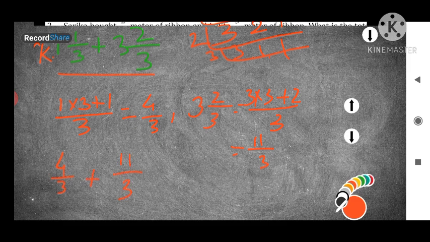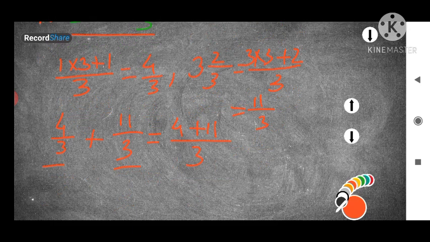Now you can see it is very simple because their denominators are the same, 3, isn't it? If denominators are same, then what we will do? Directly we will add 4 plus 11 upon 3. Now 4 plus 11 is equal to how much? 15 upon 3. Now if you will divide 15 by 3, how much you will get? 5. So what is the answer for this question? So answer is 5.